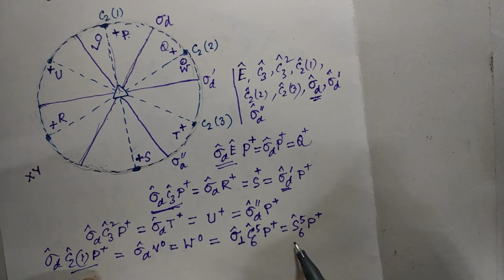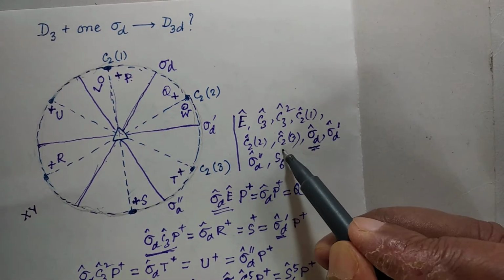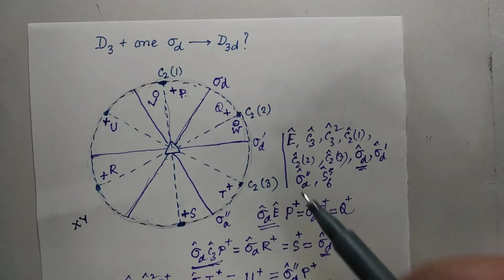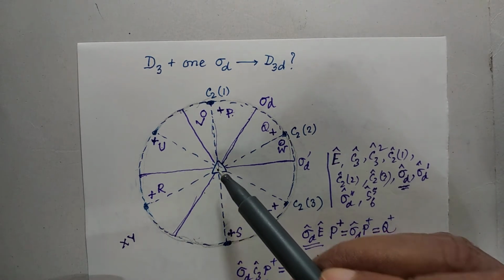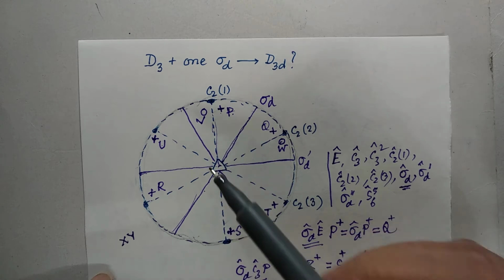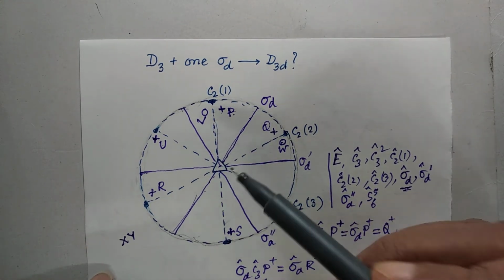Therefore, we get a new operation S6 5 operation, an improper rotation. Therefore, here there is an improper axis, 6-fold axis, and that axis is collinear with the 3-fold principal axis because this rotation is about the same C3 axis.